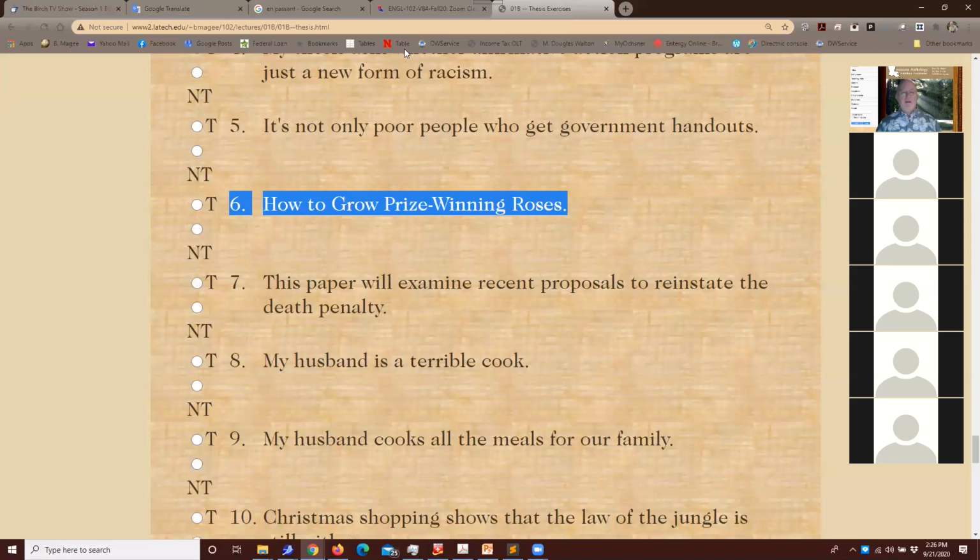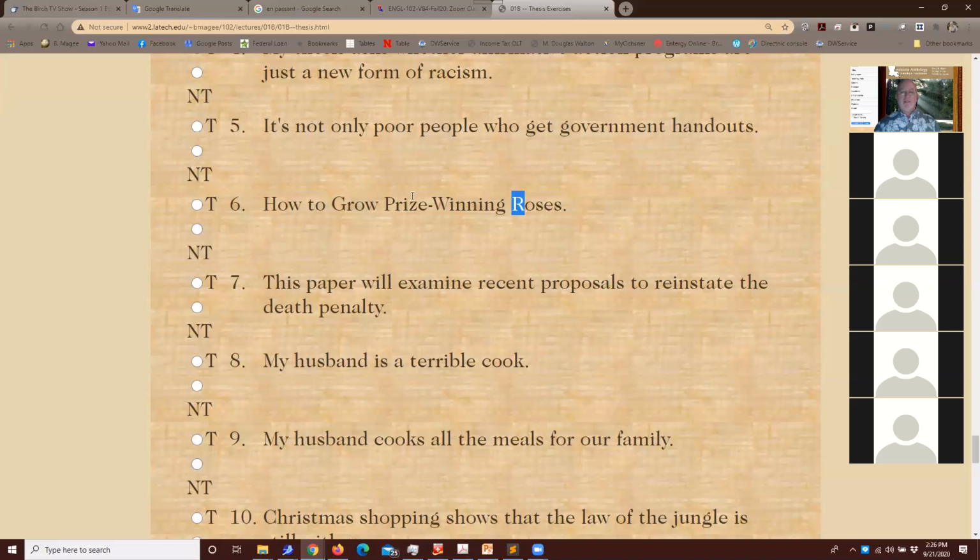And also look at all the capital letters, H, G, P, W, R. Where do we usually see that? For nouns. Titles. Titles, yes, it is a title. So it would have to be totally made into a sentence. You can grow prize-winning roses by following these easy steps, something like that.